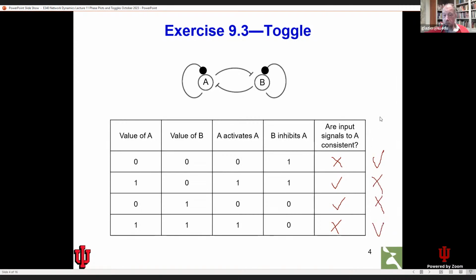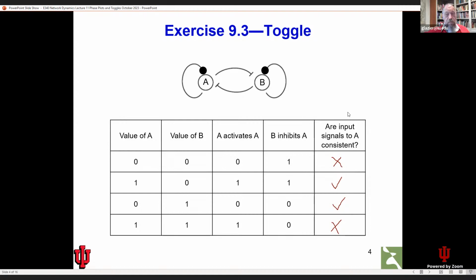No, actually, that's not right. Is it not? I don't know who drew the X's and the check marks on the outside on the third column. But if you ask the question, are the input signals to B consistent? They're consistent in the same pattern. The circuit's totally symmetrical.